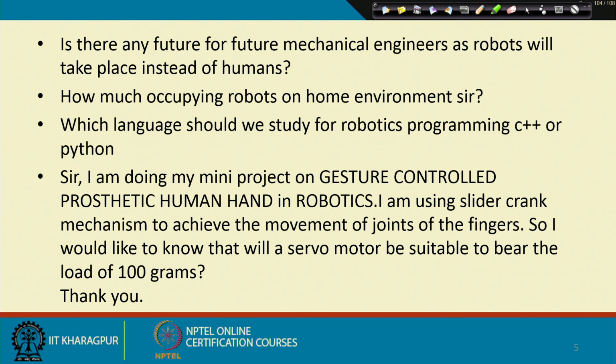The next question is: is there any future for mechanical engineers as robots will take the place of humans? This I have already discussed. Here I want to make one thing clear. Robots are multifunctional automatic machines.